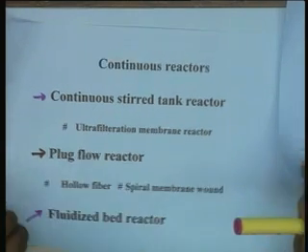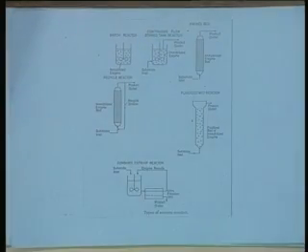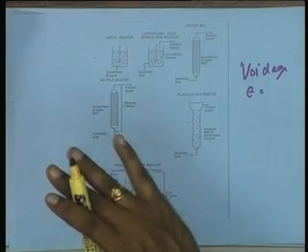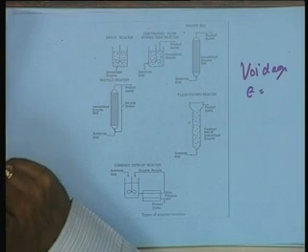Unlike in the case of a packed bed, where there is a static bed of immobilized enzyme particles and the linear velocity of the feed is not large enough to disturb the bed, the characteristic of the bed can be numerically accounted for by a factor called voidage, epsilon, which is essentially the void volume in the bed divided by the total packed bed volume.